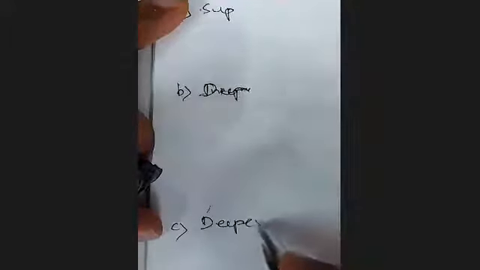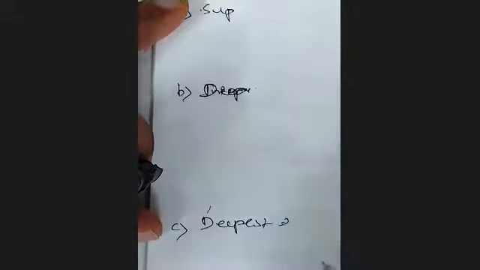Or sometimes this is called deep, and this is called deepest. Superficial, deep, and deepest. Now, in the deepest part are the internal carotid artery, internal jugular vein, and vagus nerve.